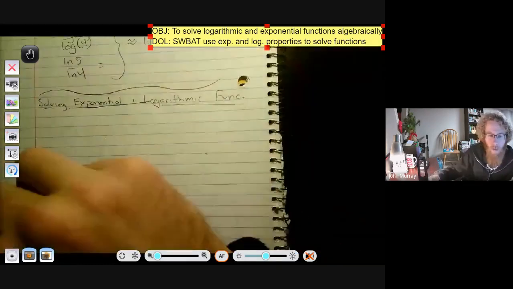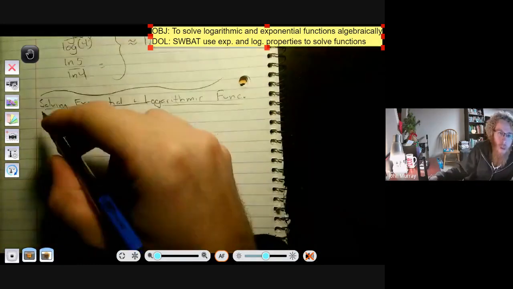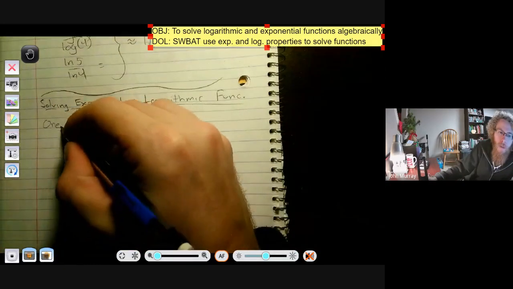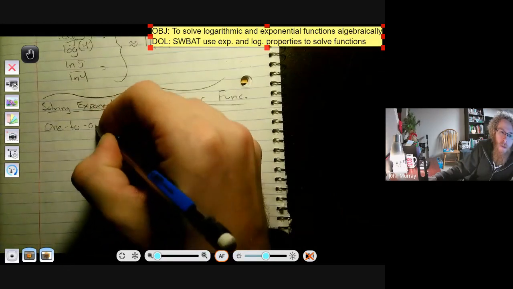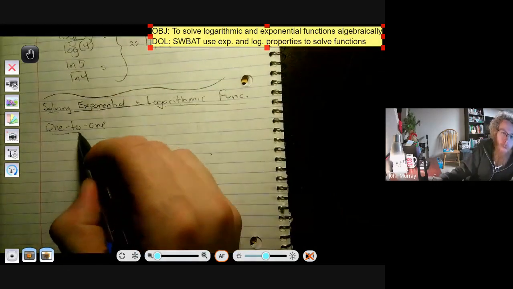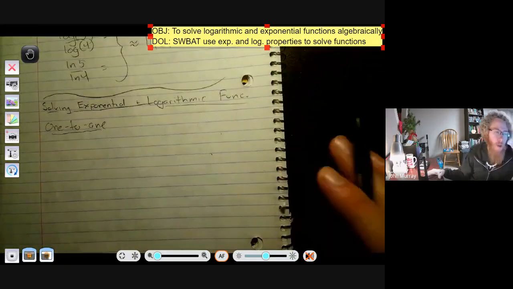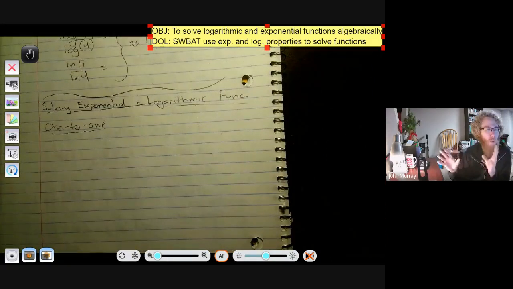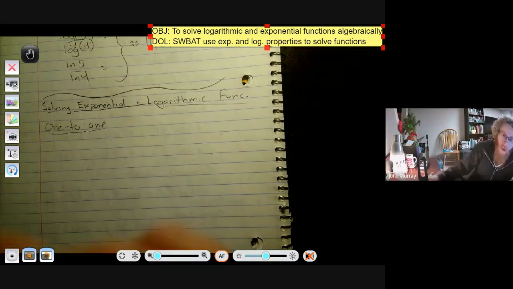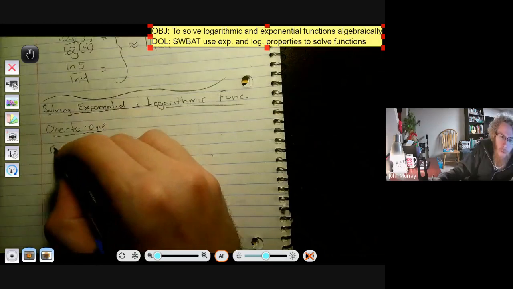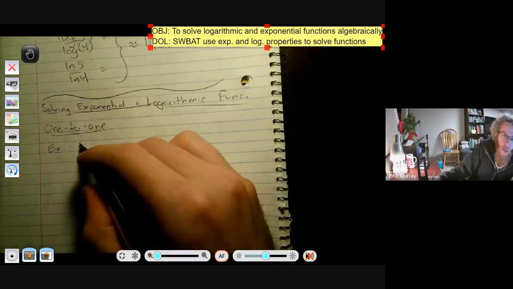So the first ones that we've already kind of seen involve the one-to-one property. Okay, so that's when we have either an exponential function on both sides or a logarithm on both sides, and they have the same base, or we can make them have the same base. I don't want to spend too much time on this since we've seen it already.